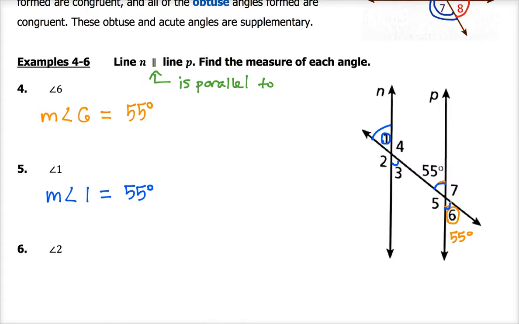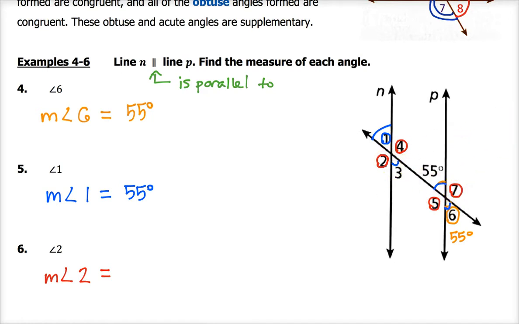And then last, we're supposed to find the measure of angle 2. Angle 2 is here. We don't have any other angle measures that are congruent to angle 2 that we can use. We know angle 2 is congruent to angle 4, which is congruent to angle 5, which is congruent to angle 7, but we don't know any of the measures of those angles.